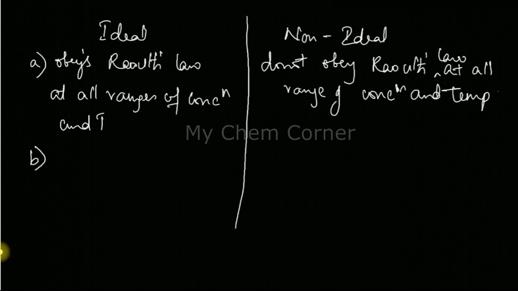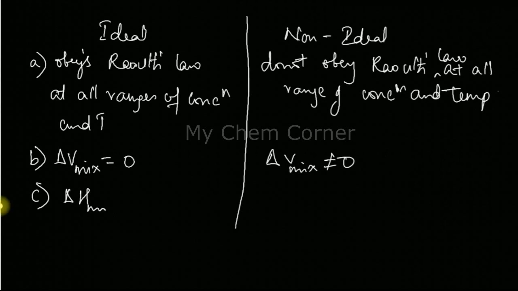Then the second one, the energy required for the volume mix is 0 in case of ideal solution, whereas this is not equal to 0 in case of non-ideal. Third one, you can same way write with respect to enthalpy. This is also equal to 0, but here it's not equal to 0. Third one, you can talk about the force of attraction.